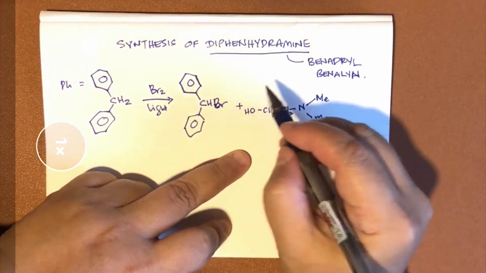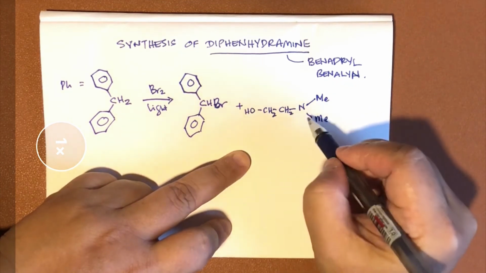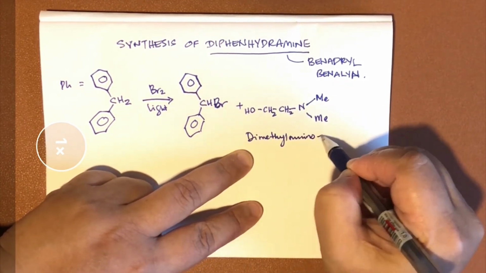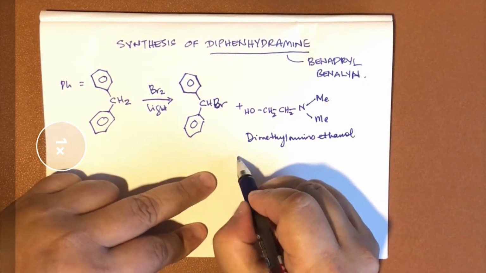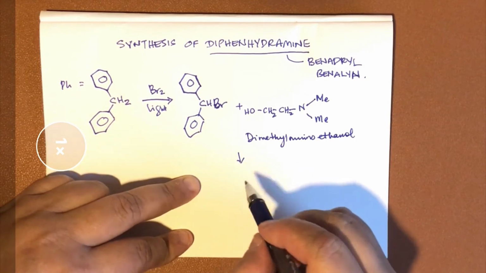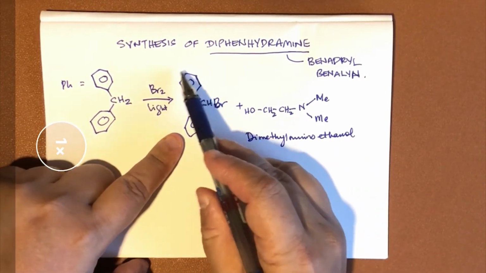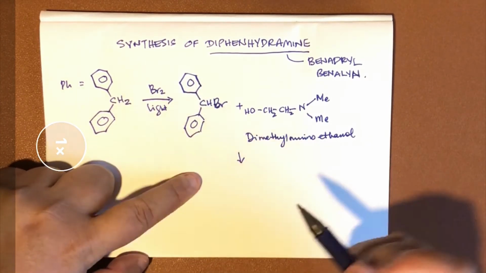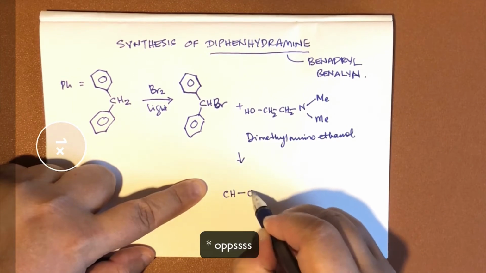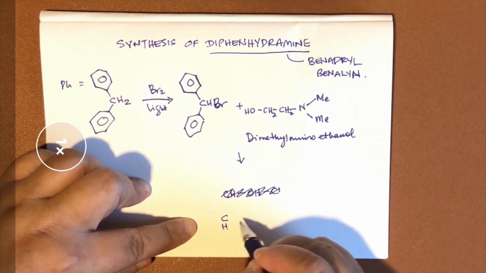So once it has reacted with the dimethylaminoethanol, it will then form, I'm going to replace this ring with just Ph, so it makes things much easier. Sorry, that's wrong. Okay, so CHO.